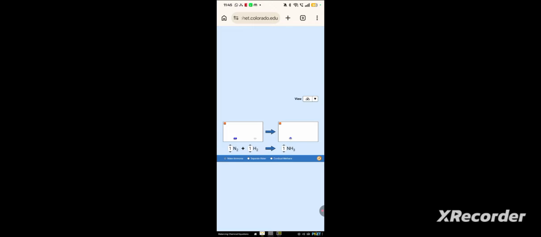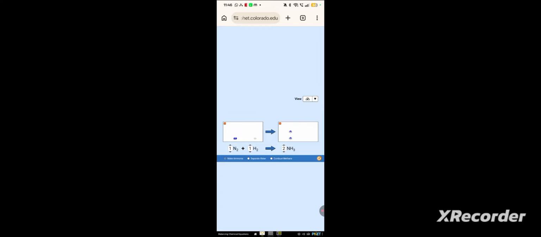Now we balance the equation. First of all, on the left hand side nitrogen atoms are 2 and on the right hand side 1. So we increase the nitrogen atoms, then 2 nitrogens are on the left and right. So nitrogen atoms are equal on both sides.